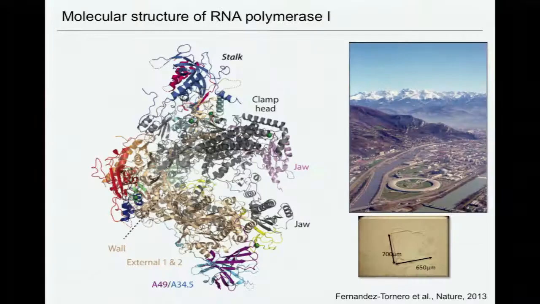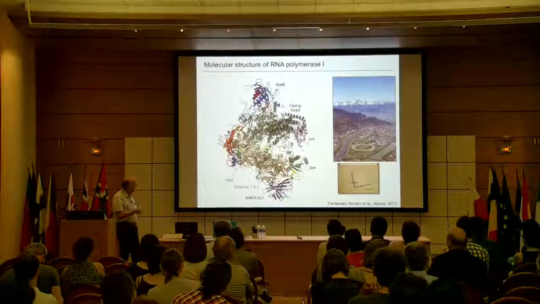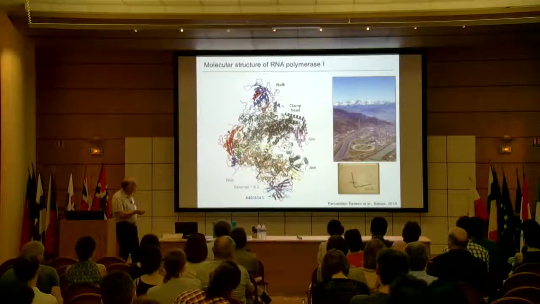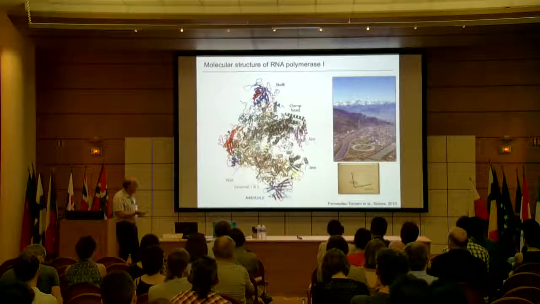So a couple of years ago, we solved the crystal structure of RNA polymerase 1, and this was possible thanks to a lot of data sets collected here at the ESRF synchrotron, but also at other synchrotrons. And just to give you an overview of the structure, these are the 2 large subunits here. Here at the bottom is this TFIIF-like subunit, the dimerization part.